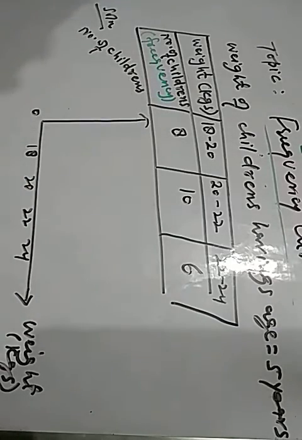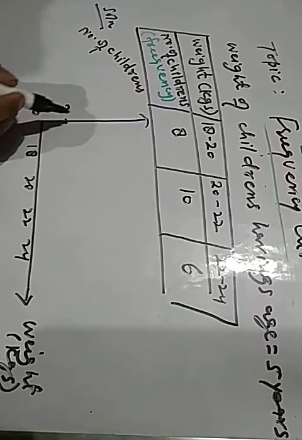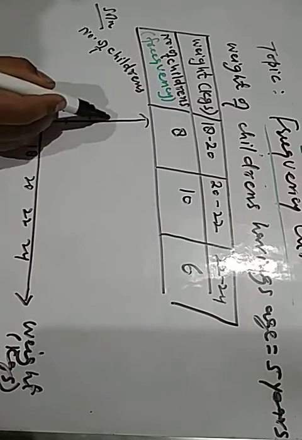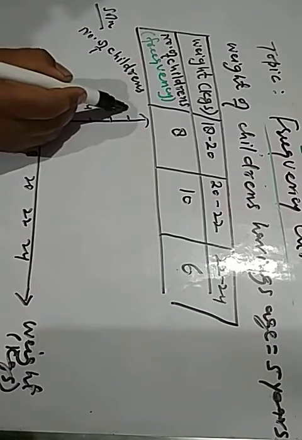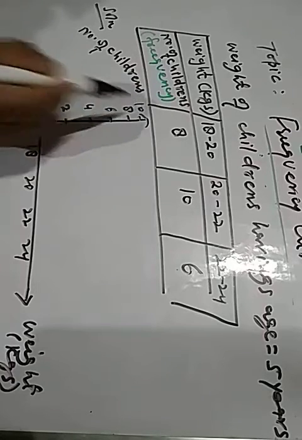And number of children, the lowest is 6 and the highest is 10 children: 2, 4, 6, 8 and 10.